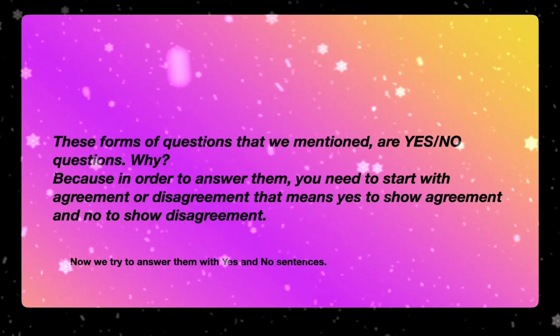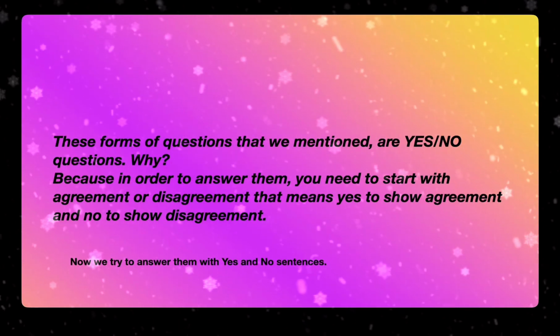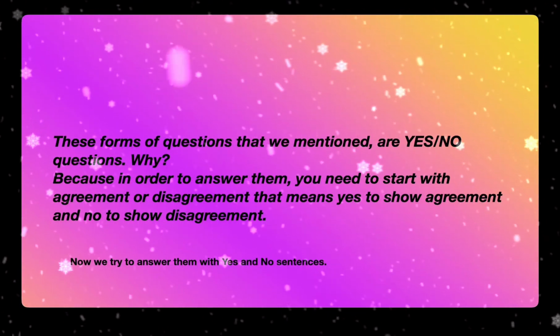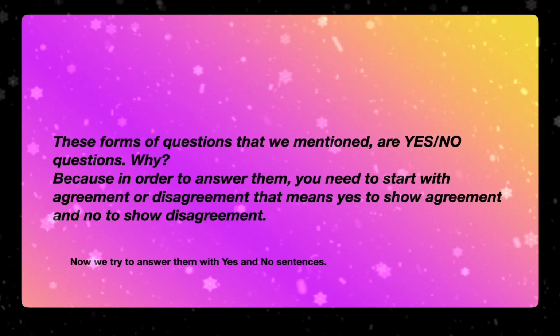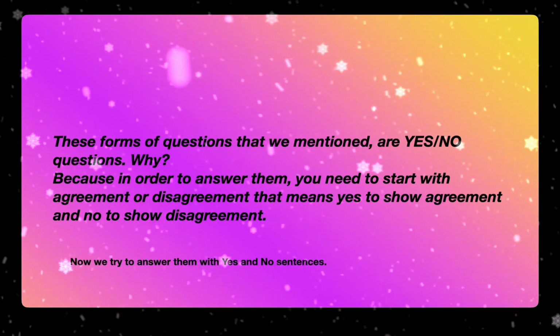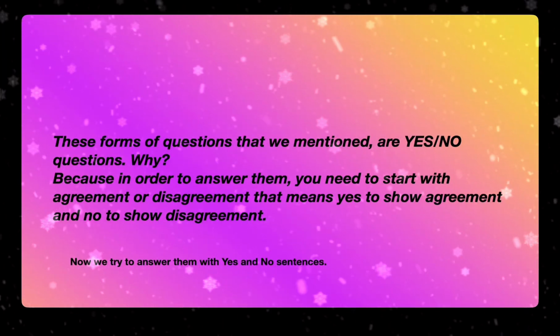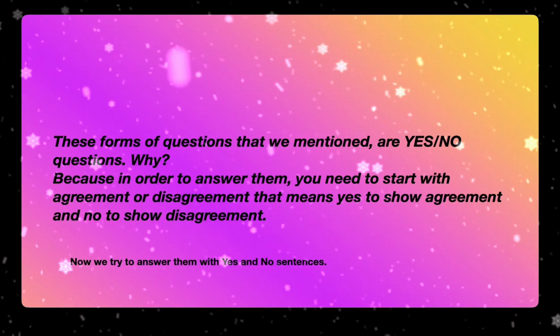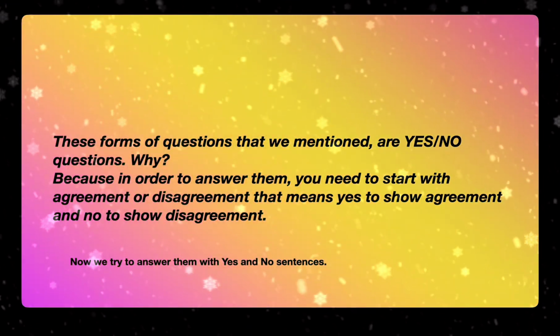Why do we call them like this? Because in order to answer these kinds of questions, you need to start the sentences with agreement or disagreement. That means yes to show agreement or no to show disagreement. Now we try to answer them with yes and no sentences, which is in the next slide.